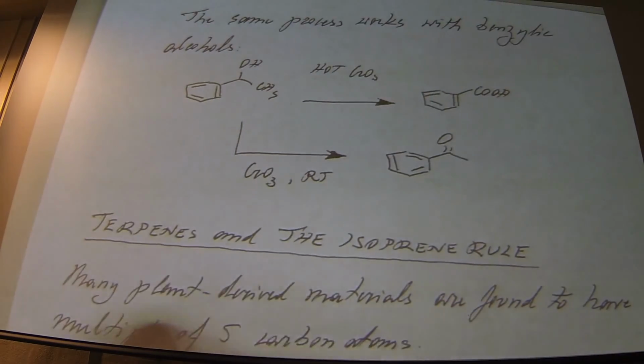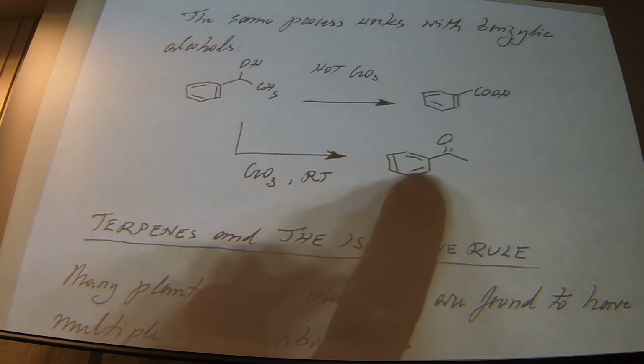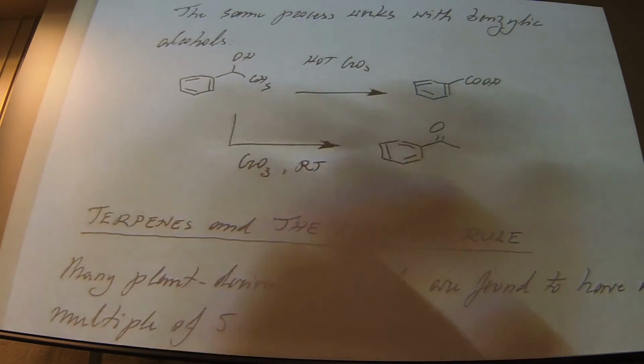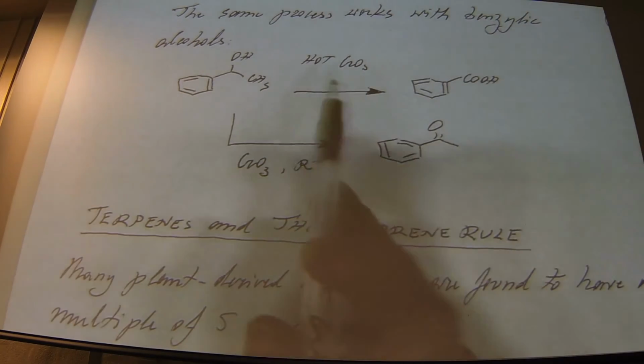Now I can say that, gee, that just seems kind of weird, because we know that I can take a benzylic alcohol like that, treat it with chromium trioxide, and get a ketone. And we know that chromium trioxide reacts with alcohols to give aldehydes or ketones. Since when does it give carboxylic acid? Well, it turns out it gives carboxylic acids when you heat it up.